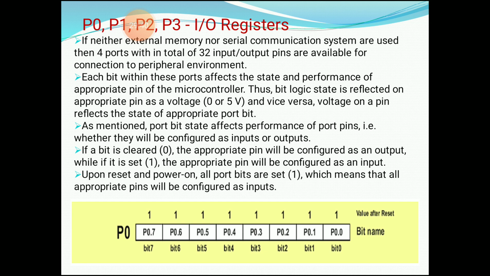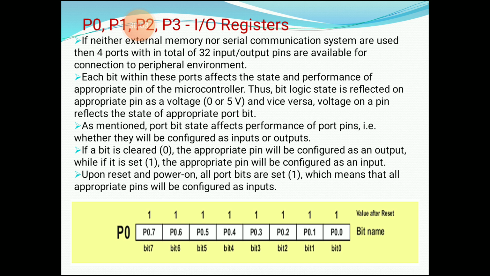That is, the logic state is reflected on the appropriate pin as a voltage, either 0 volts or 5 volts, and vice versa. The voltage on a pin reflects the state of the appropriate port pin. As mentioned, port bit state affects performance of port pins, whether they will be configured as input or output.